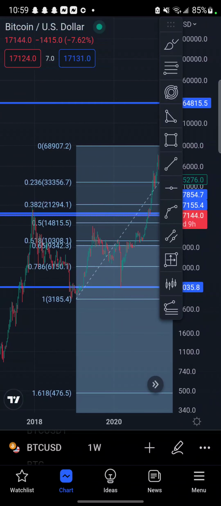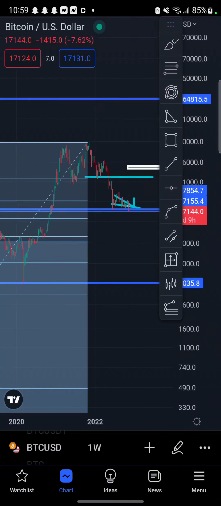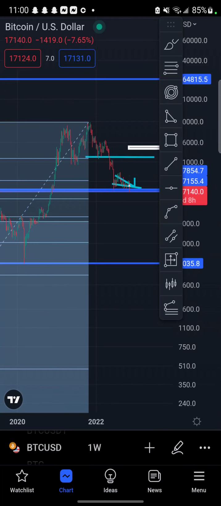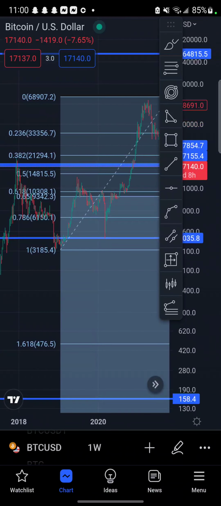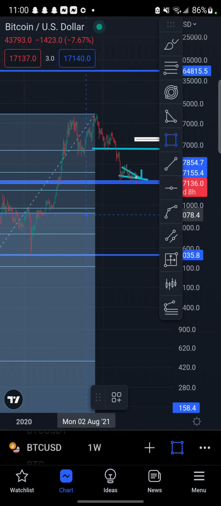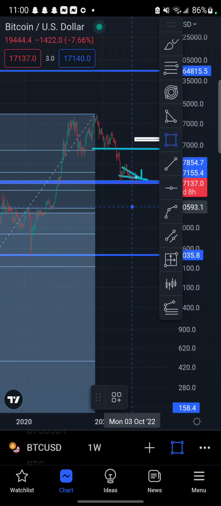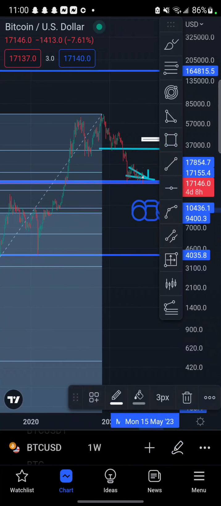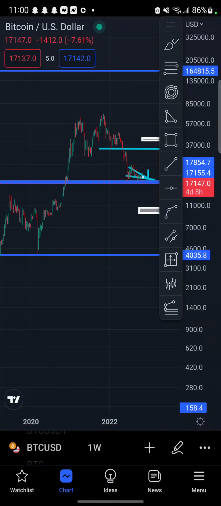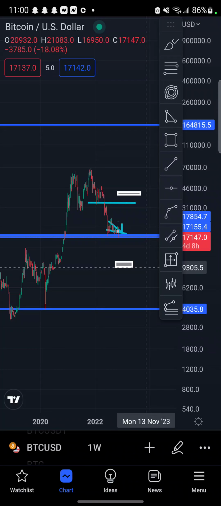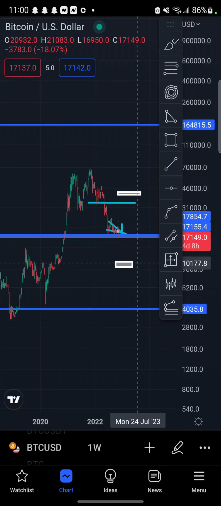So this is pretty much where all of the people that are calling for those levels underneath 20,000 are coming from. That's why they're calling for a $10,000 Bitcoin, because this Fibonacci lines up right there. So now let's delete that. That's one of the targets that we could hit, $10,000.